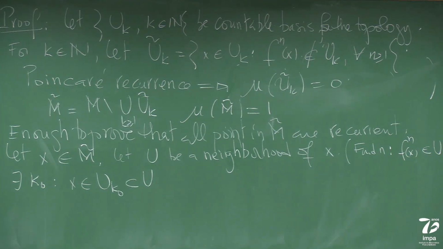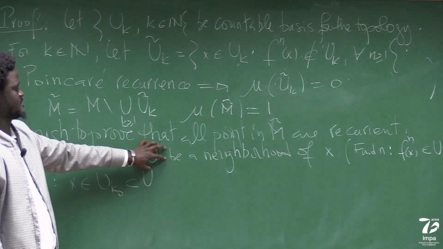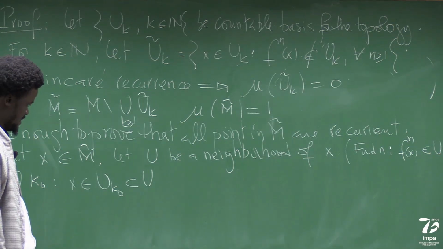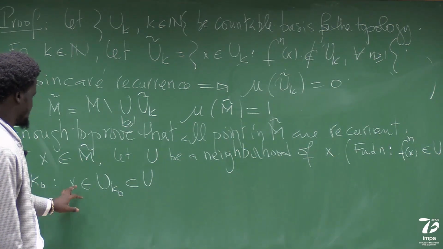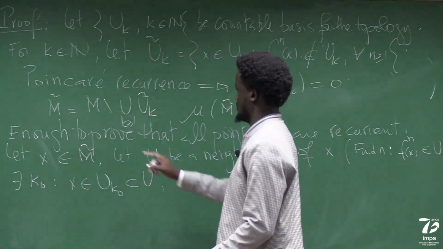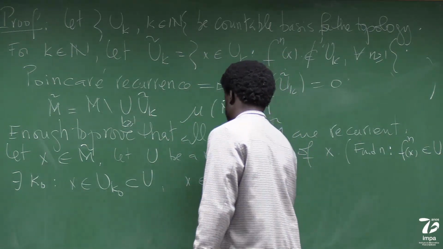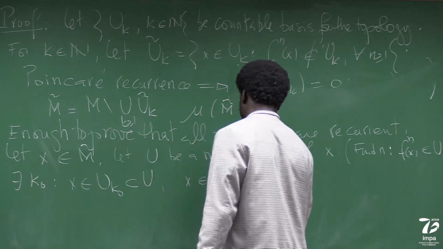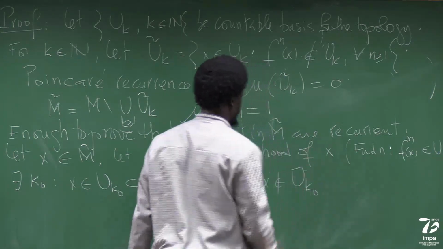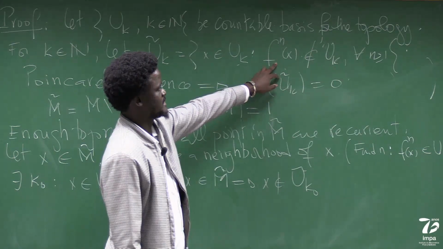You take any open set, there is one guy here that contains it. Since x is in M tilde, x is not in U_k naught tilde, so you violate this condition.